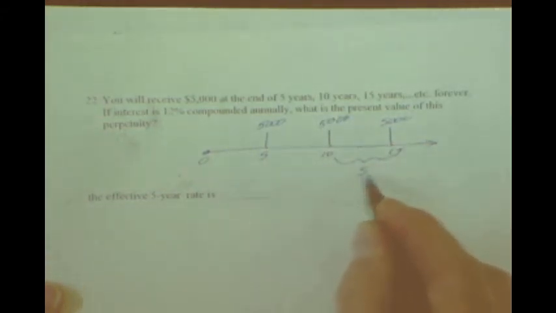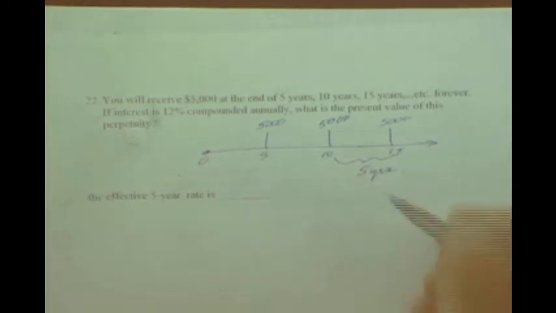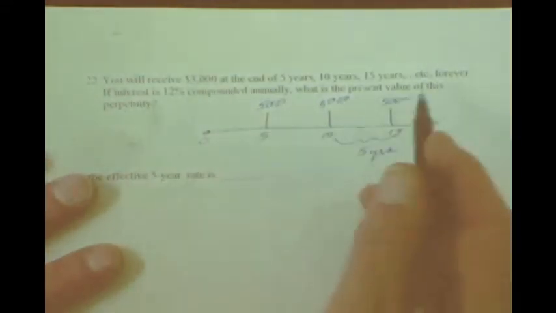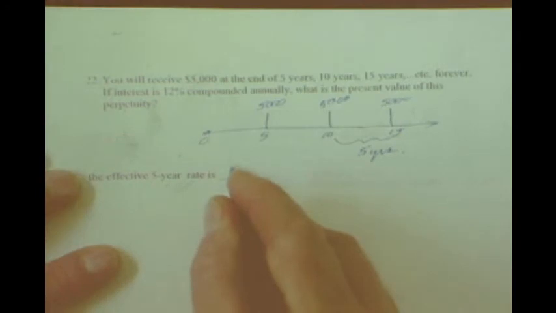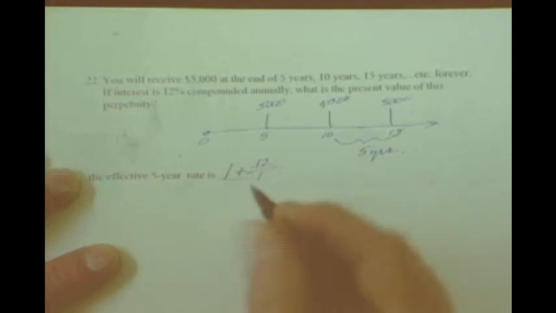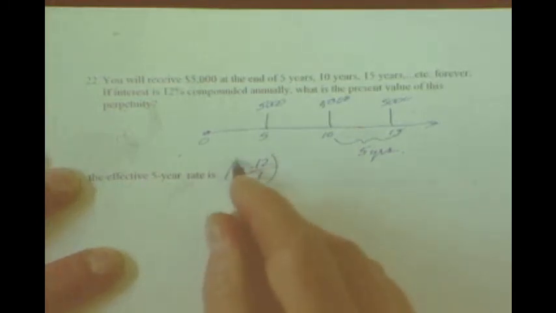there are 5 years between the payments. So for us to solve this, we need to create an effective 5-year rate. If interest is 12% compounded annually, again, the same thing every time. 1 plus the stated annual rate, the number of compounding periods per year is 1.